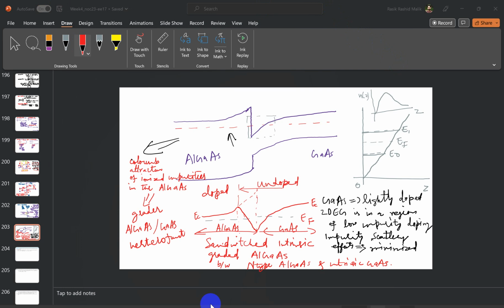now we'll talk about the electrostatics, say the equilibrium electrostatics. I will insert a new slide here now.